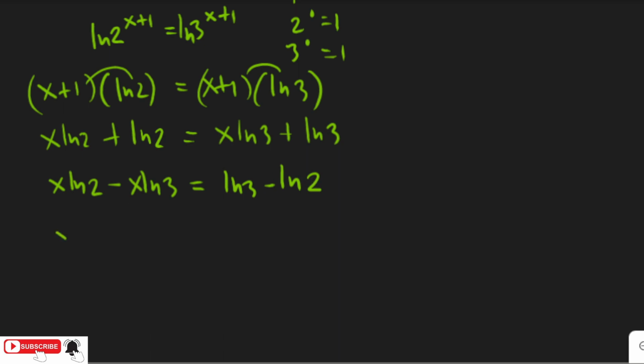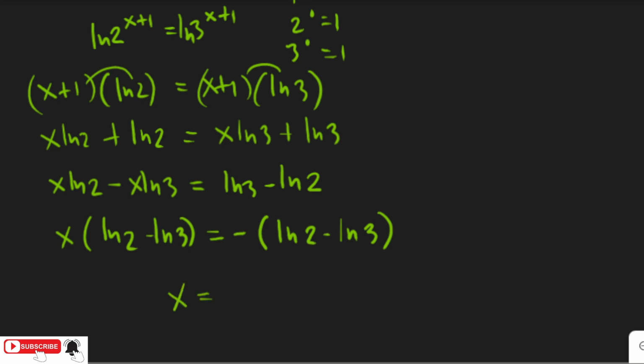So x times (ln of 2 minus ln of 3) is equal to ln of 3 minus ln of 2. Don't forget the negative sign.